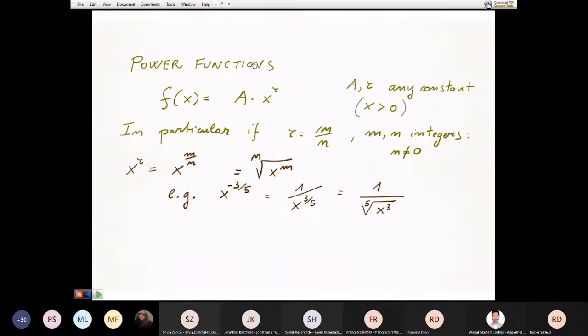So it is symmetric with respect to the x-axis, okay? For the power function, I take A positive for the examples. If A is negative, it is exactly the symmetric with respect to the x-axis, okay? This is the reason why I only consider A positive.